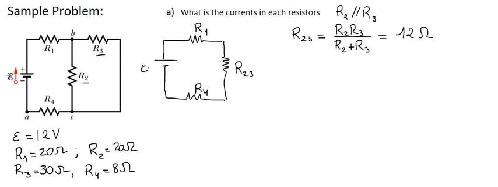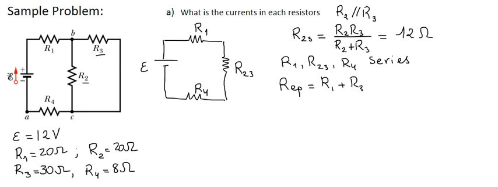Now, if you look at the second circuit here, R1, R23, and R4 are in series, so we can just replace them with one resistor. The equivalent resistor is the sum of all resistances, R1 plus R23 plus R4, and that's equal to 40 ohms.